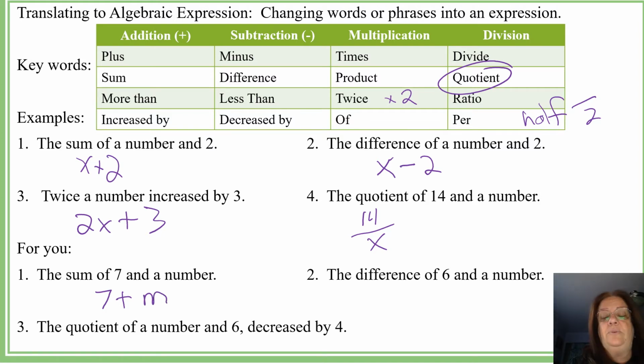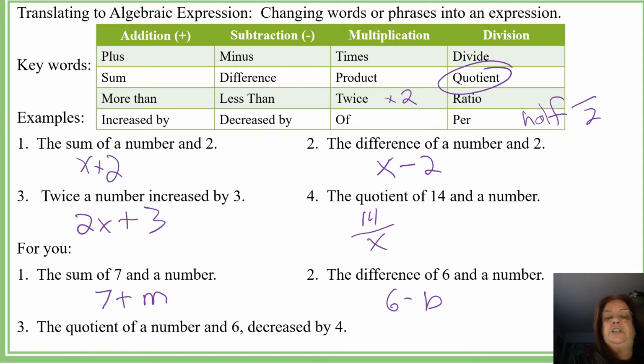You can use any letter you want to. The difference of 6 and a number, come on, you can do that. Difference means, that's right, subtraction. So the difference of 6 and a number, we're going to use b.